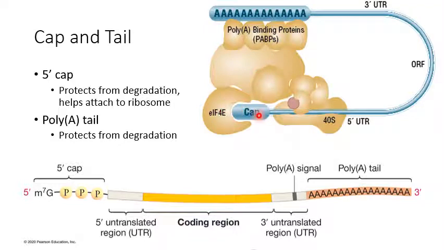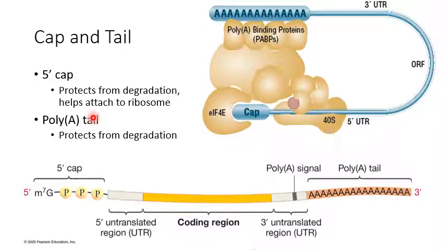And here in blue is the mRNA that the ribosome is going to grab. It grabs the 5' cap of the mRNA, and then the whole thing will loop around so that the ribosome can grab the poly A tail again. It needs to grab those things to be able to get onto the mRNA and start translating it into a protein. So that's one purpose of the cap and the tail.